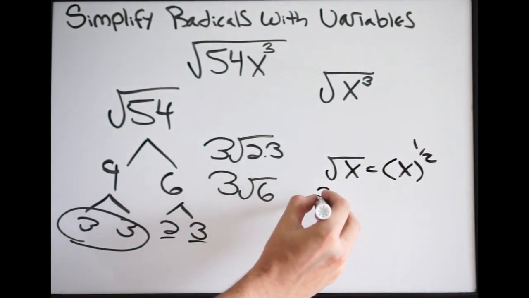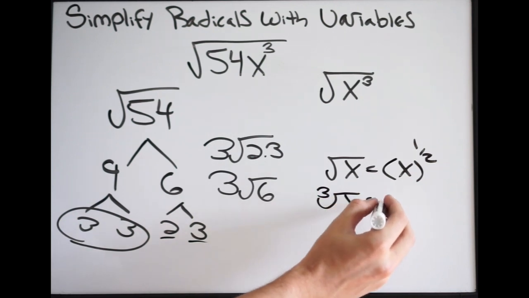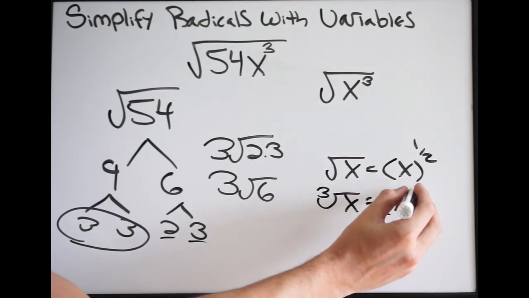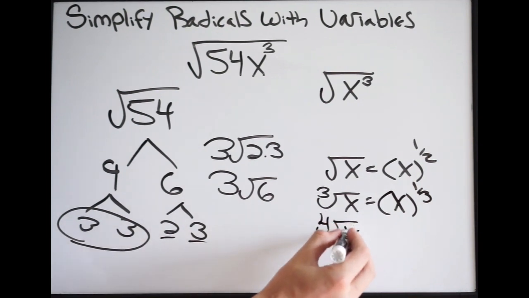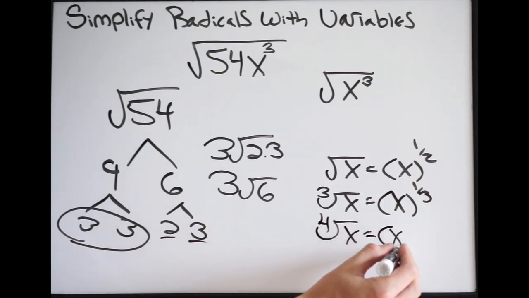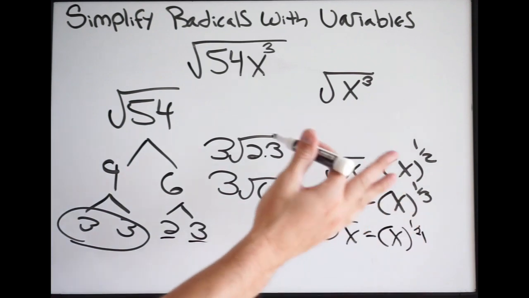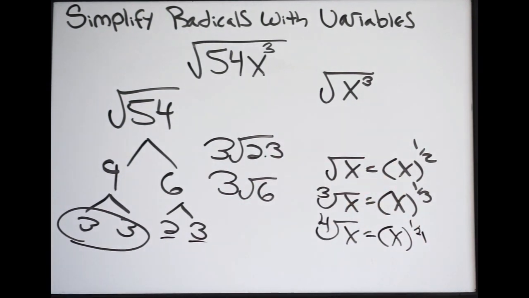The cube root of x can be written as x to the 1/3. The fourth root of x can be written as x to the 1/4, and so on. So what you want to do here is try to make your variable squared. That way you can pull it out.